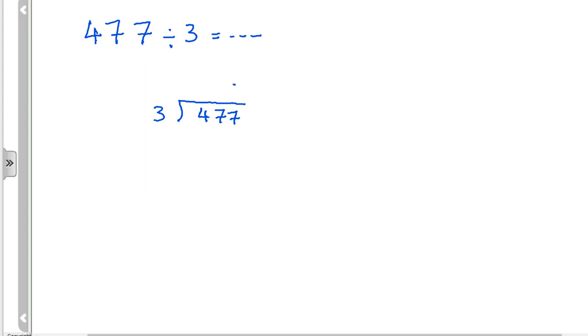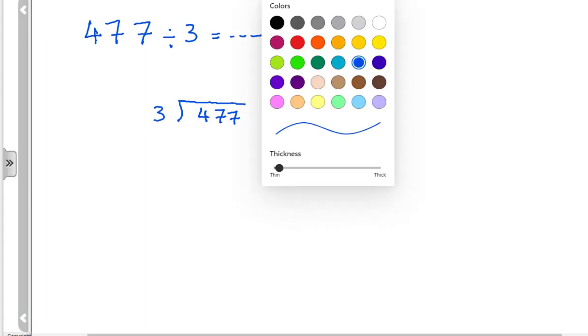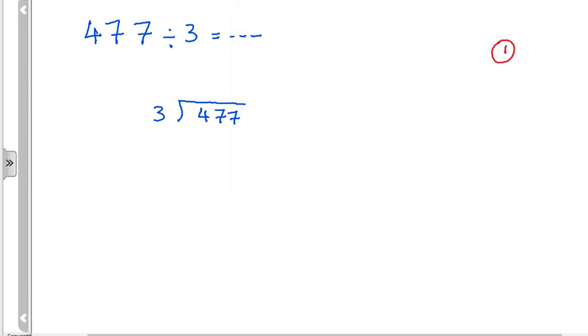And of course, you know that the quotient, the answer, lies here at the top of the house. The first step that we should do is divide, estimate the division. And after that, we multiply. And in the third step, to get the remainder, we should subtract.